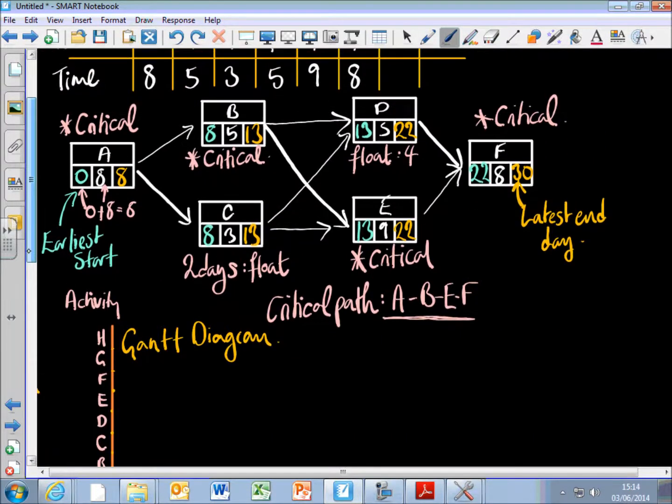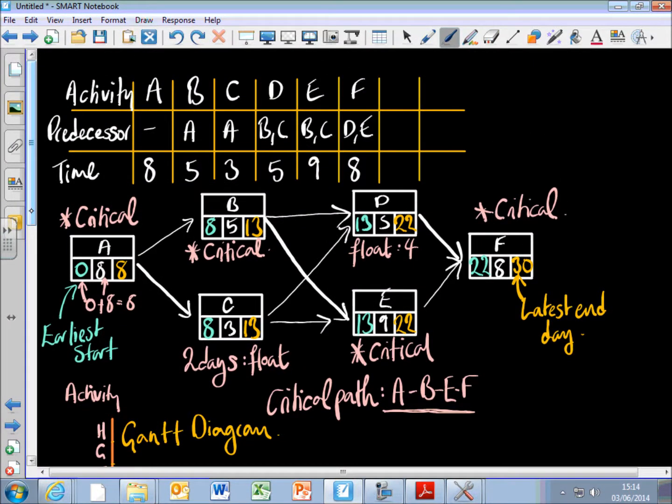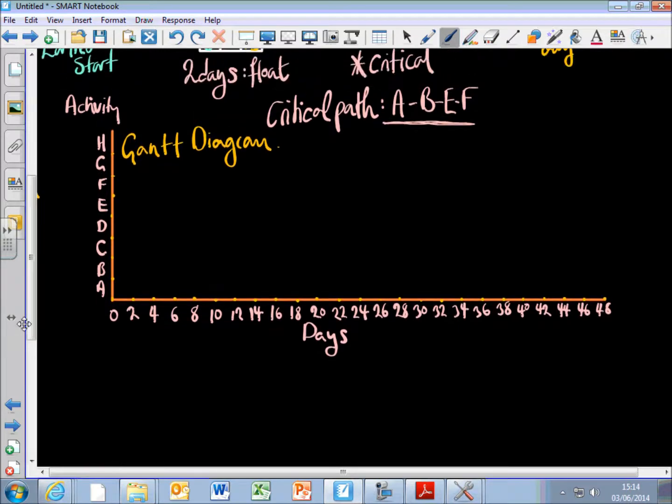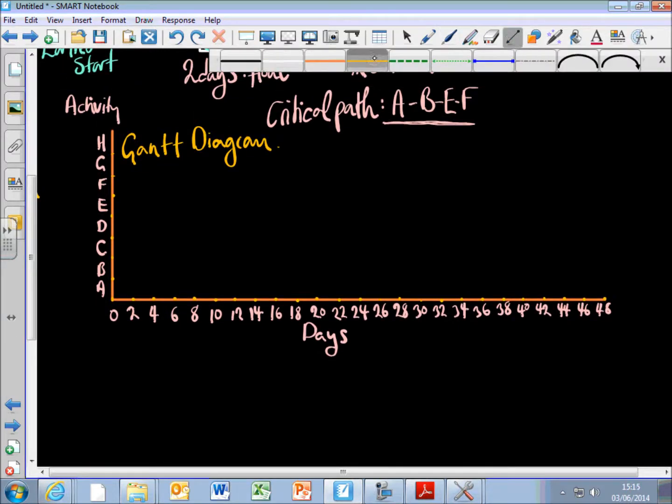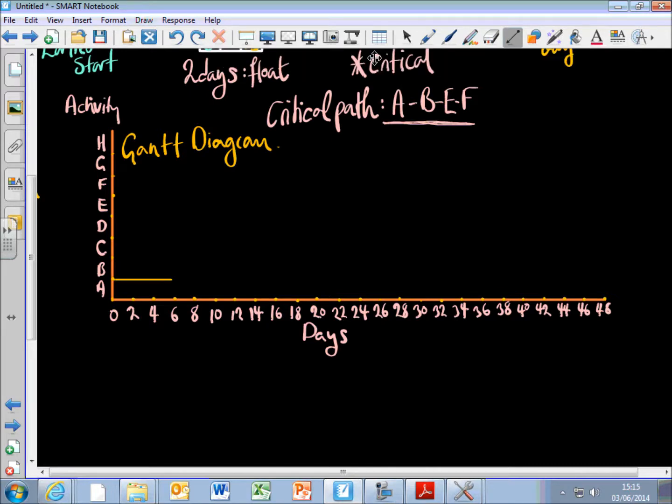So for example, activity A starts on day 0 and takes 8 days. So I can do that on my Gantt diagram like that. It's a long rectangle that represents activity A, and it takes 8 days.